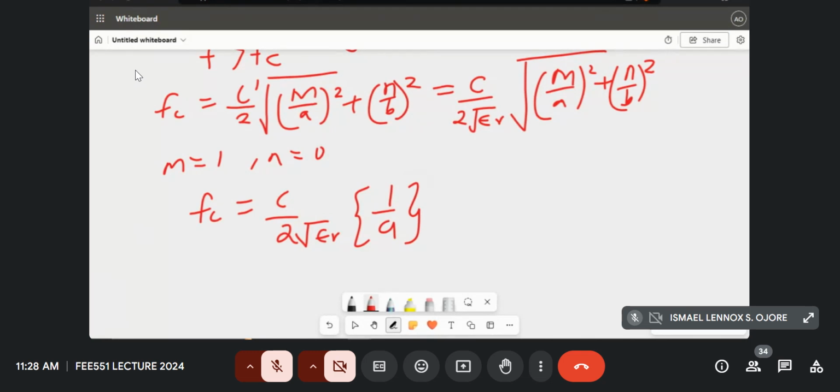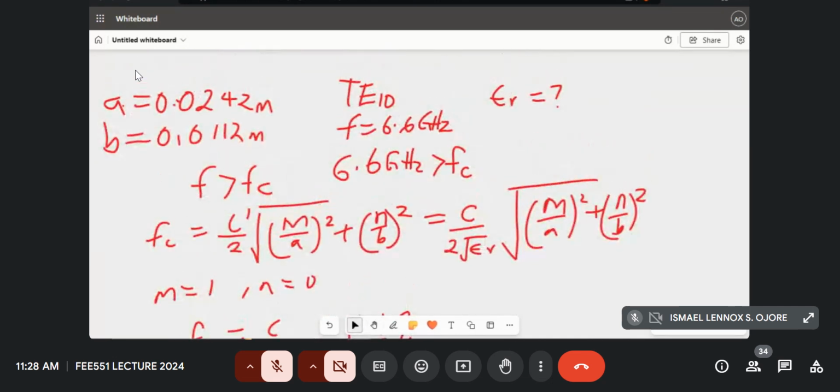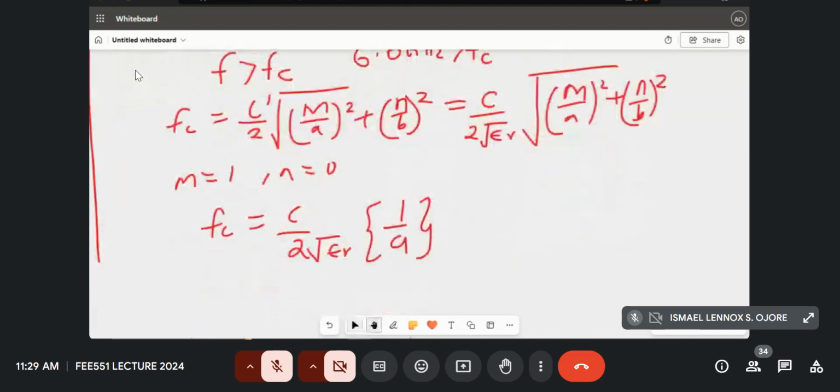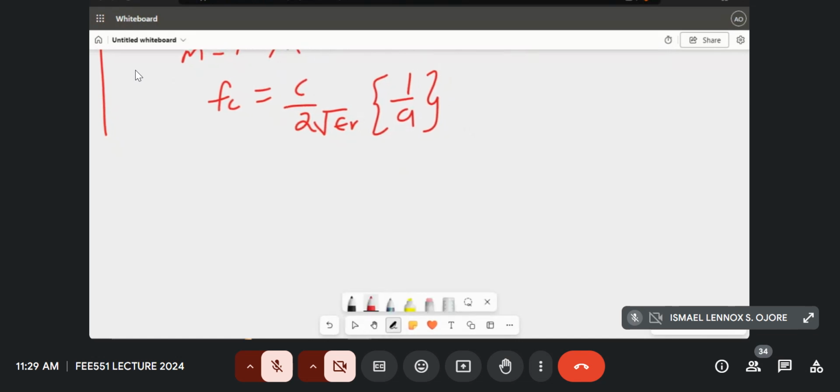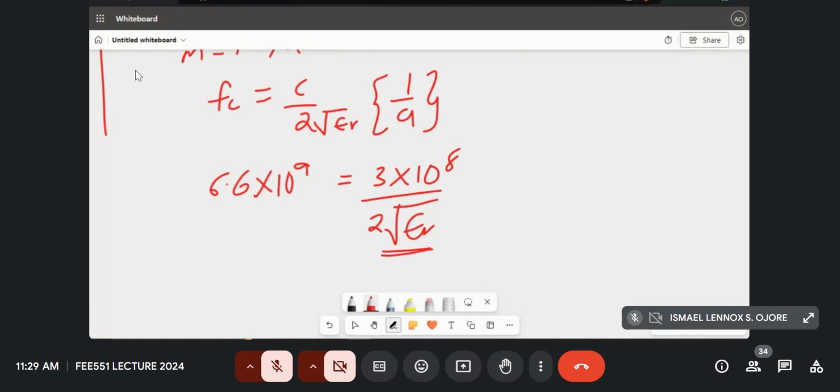So for us to find this cutoff frequency, we just equate it with the frequency of operation, which is given as 6.6 times 10 power 9, because this is the parameter that we are interested in.